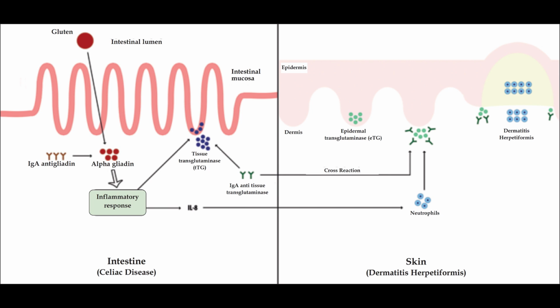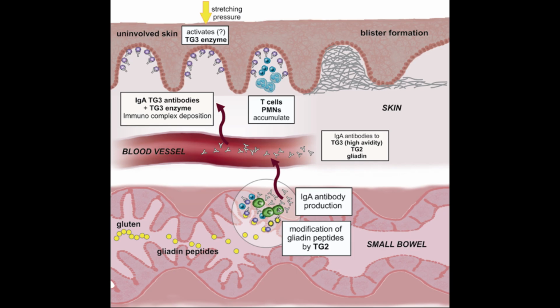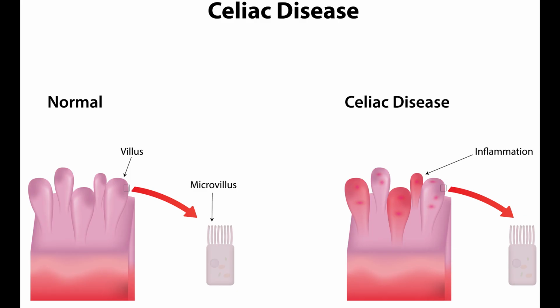That is why that is a characteristic finding. And since Dermatitis herpetiformis is associated with celiac disease, the celiac disease is the one that gives origin to these IgA antibodies that also involve the skin.